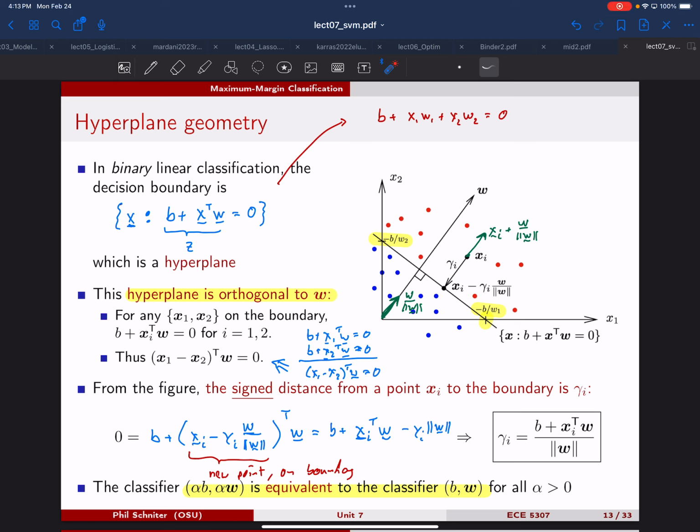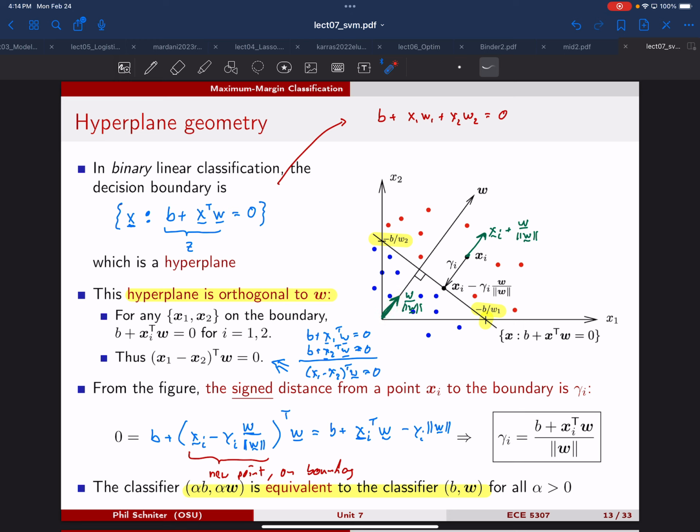So what we said is we can figure out the signed distance to a boundary by taking any point and moving in the direction of w, and then figuring out how we need to scale that movement. We came up with a unit norm version of w, where we took w divided by its norm. That's a direction vector in the direction of w.